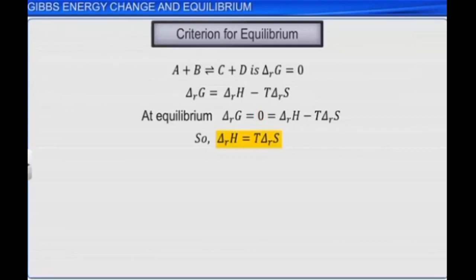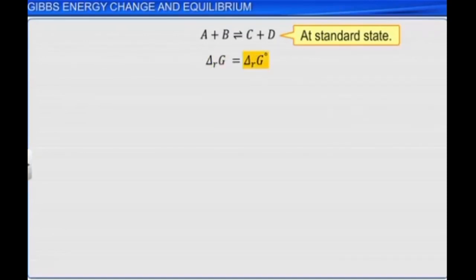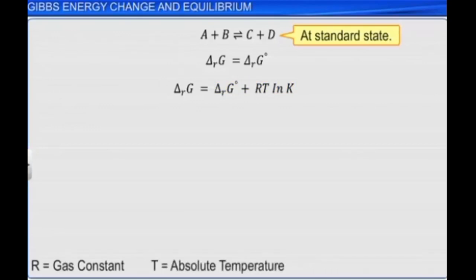If all the reactants and products are in standard state, then delta Rg becomes delta Rg naught. That is, change in Gibbs energy at standard state. This can be expressed as delta Rg equals delta Rg naught plus RT log K, where R is gas constant, T is absolute temperature, and K is the equilibrium constant for the reaction.